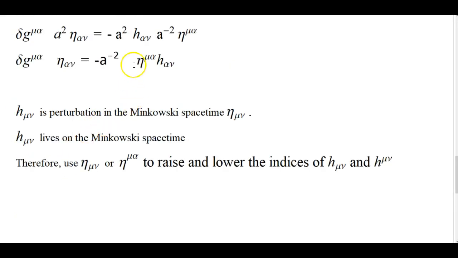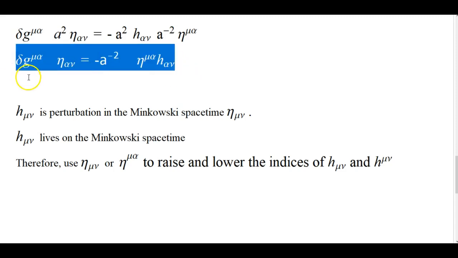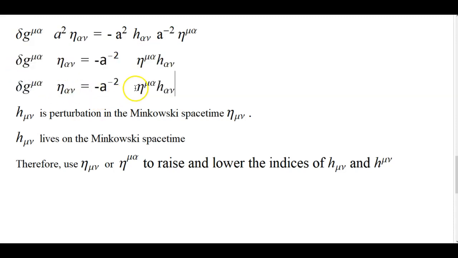Okay, so when you look at this expression, alpha contracts, so right hand side is equal to, when alpha contracts, this becomes mu.